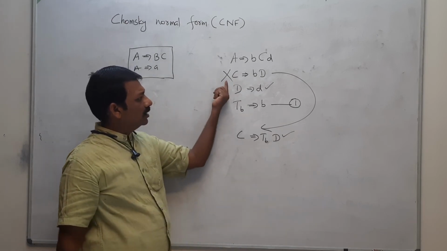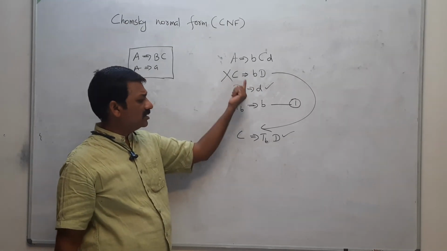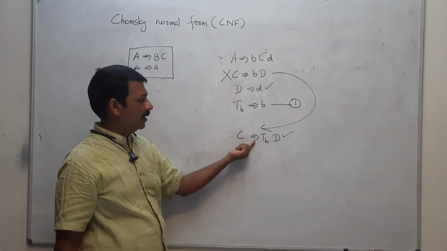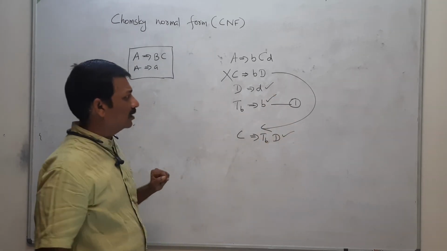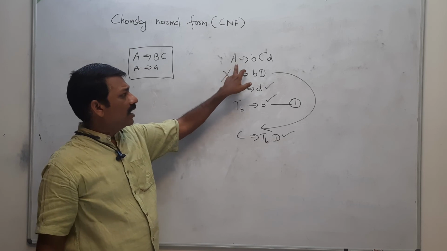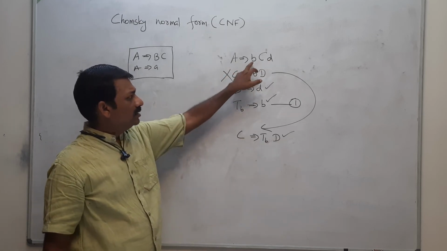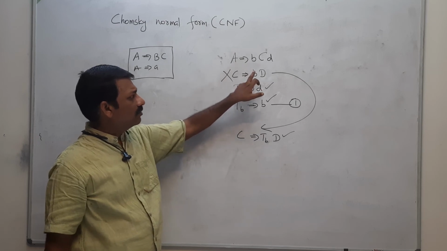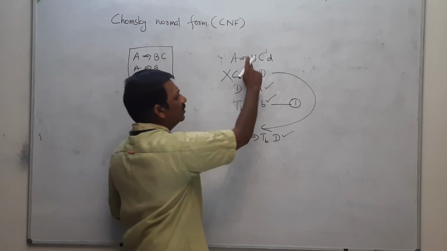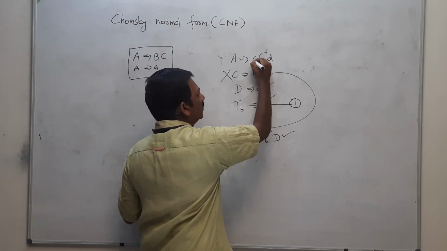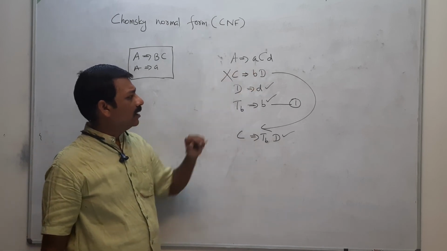There is no need to have the old production anymore. That means this is replaced with this. Now this is also a valid Chomsky normal form grammar. Now we have A derives BCD. Suppose that this is aCD, I am going to have, instead of bCD, aCD.